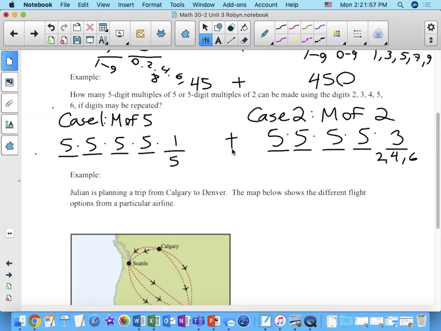Okay. Question. Could you do this in one step? Could you? Do you need it to be a multiple of 2 or a multiple of 5? What really does it need to end with?